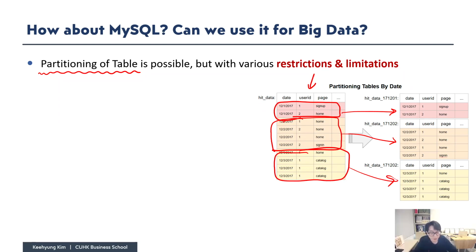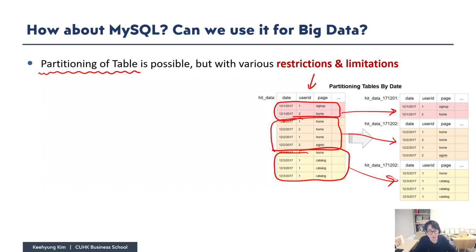At this stage, relational databases like MySQL are adding more and more features to handle big data. In the traditional relational database concept, which we covered earlier in the first half of this course, this is not possible, but these days MySQL provides an option.